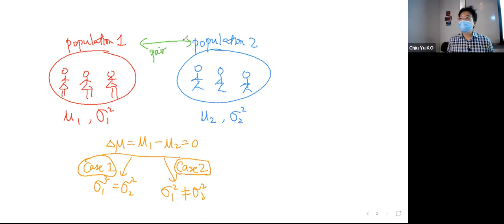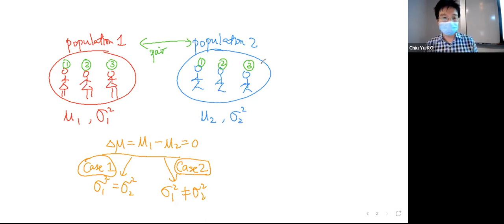Going back to the idea about boys and girls, paired means that girl number 1 is related to boy number 1, girl number 2 is related to boy number 2, and girl number 3 is related to boy number 3. And what we actually care about is not the averages, but the difference.